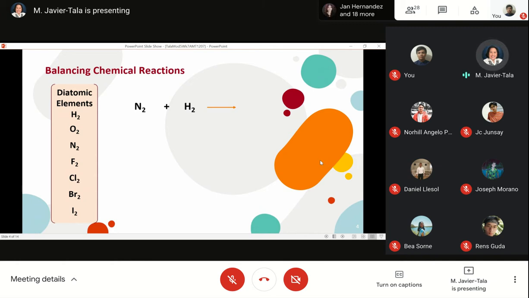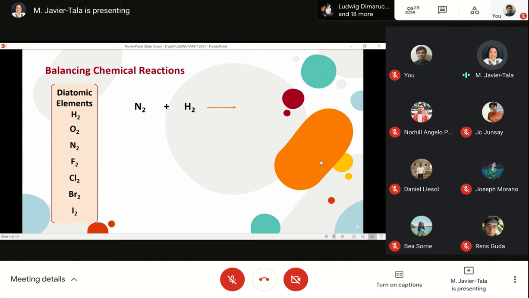So what are those diatomic elements? They are your hydrogen, oxygen, nitrogen, fluorine, chlorine, bromine, and iodine. So these diatomic elements, as you can see in this chemical reaction, have subscript 2.